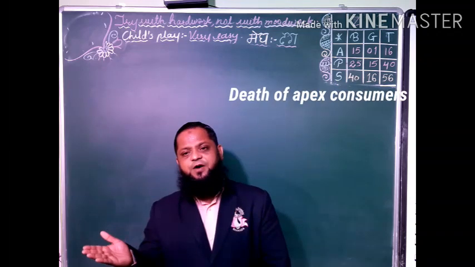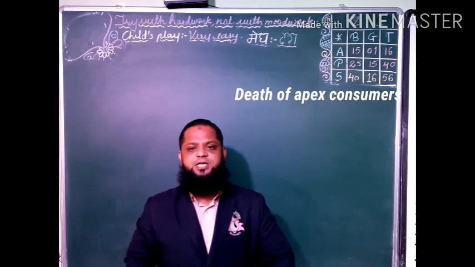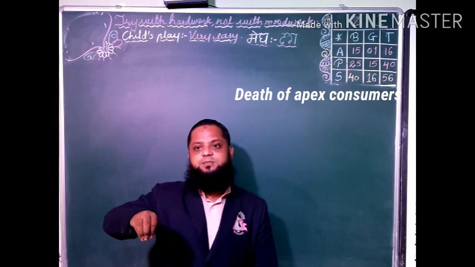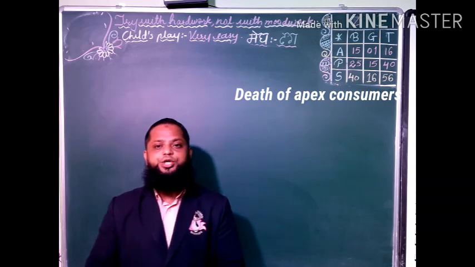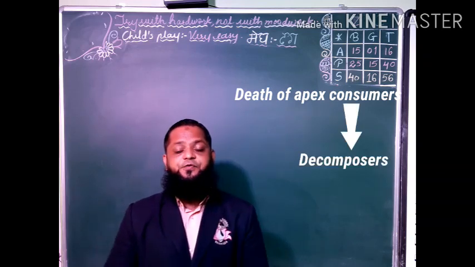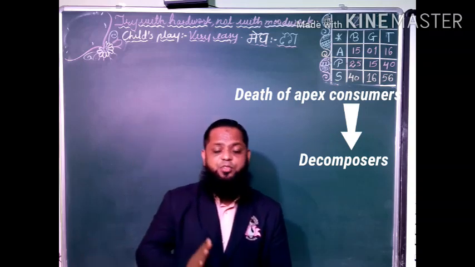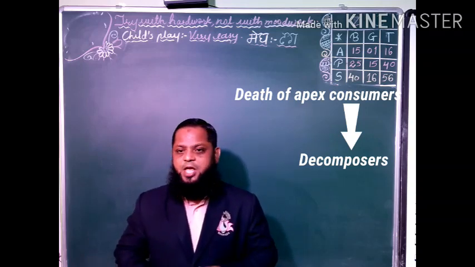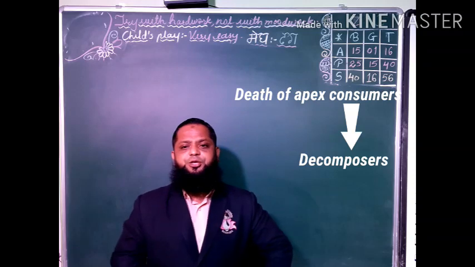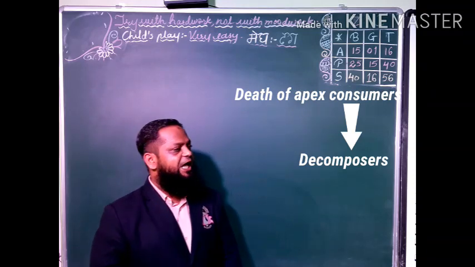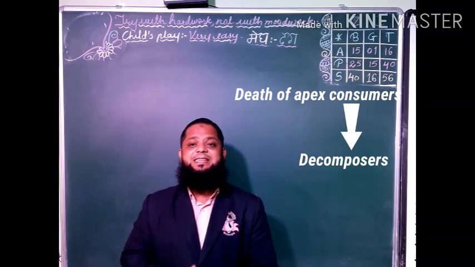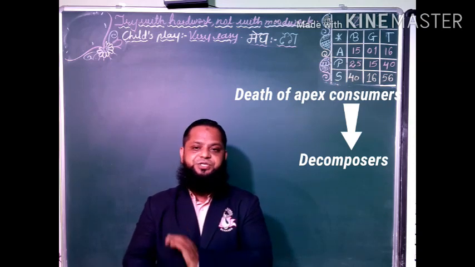After the death of apex consumers, their energy becomes available to the decomposers. Fungi and other microorganisms decompose the bodies of dead animals. They are called decomposers.